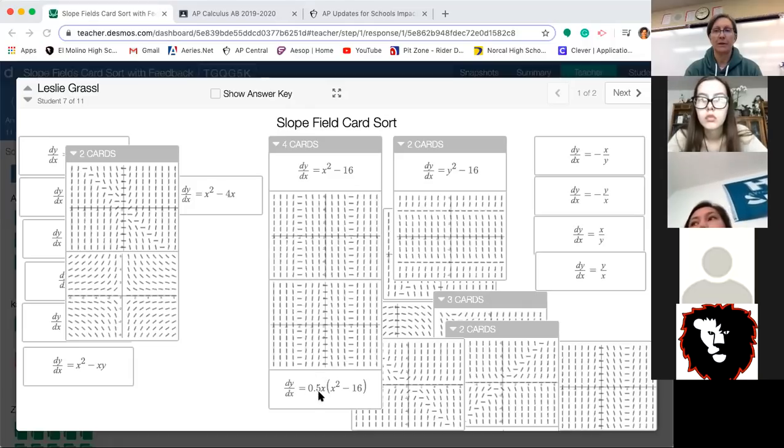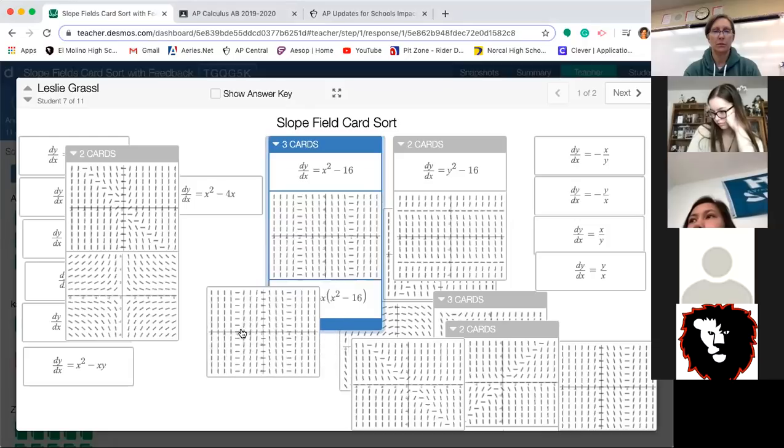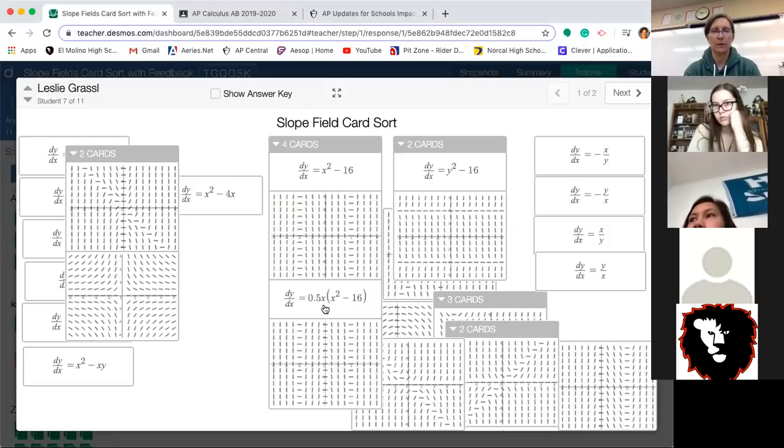The bottom one, right? Because of the 0.5 times x. And so x will also be 0. The derivative will also be 0 when x is 0. So the derivative will be 0 when x is 4 and -4 from this factor here, and then also 0 for this factor here. Okay, so I'm going to ungroup that from the rest.